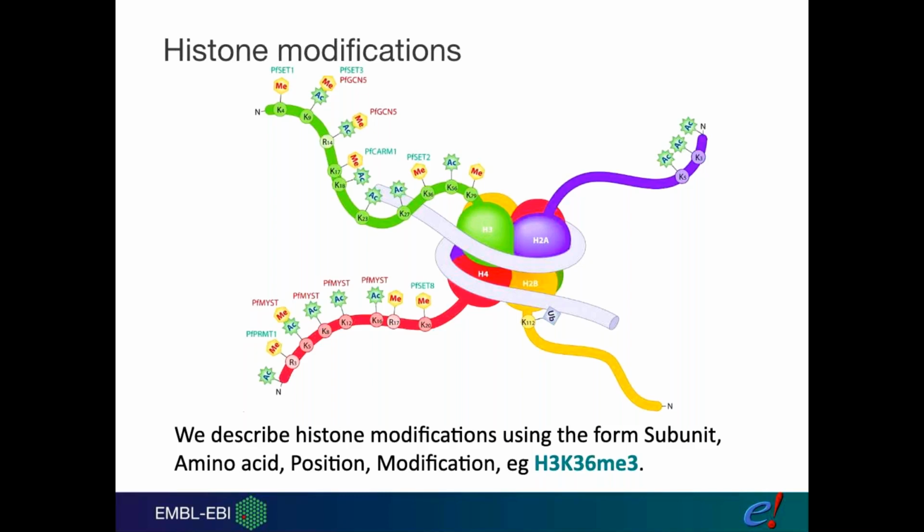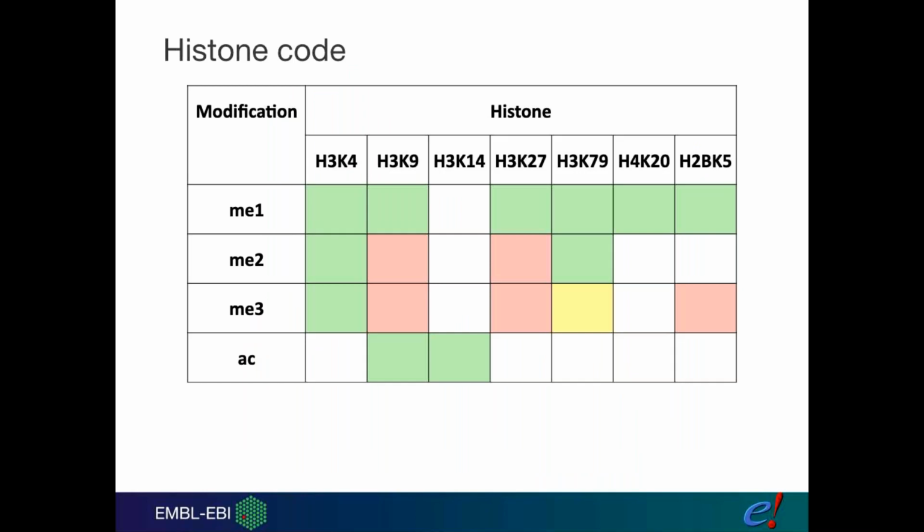And this is just the histone code. Some histone modifications we know promote transcription. Some we know dampen down and prevent transcription. Others just don't occur. We don't observe them. And these are some of the major histone modifications that we use in our analyses of where our active and inactive promoters and things are.